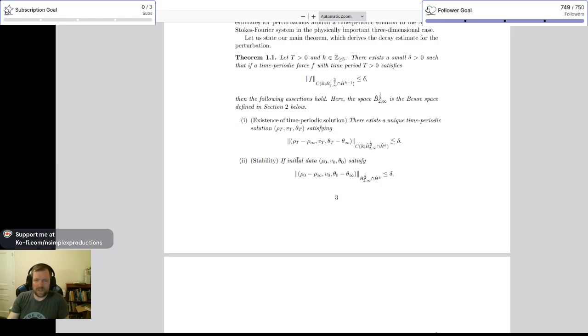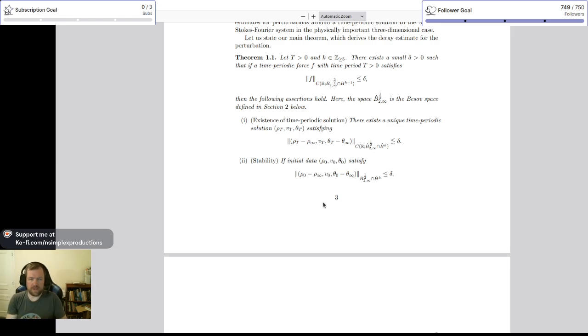Stability. So if the initial data, oh yeah, okay, if the initial location is within some infinitesimal amount of the final solution.